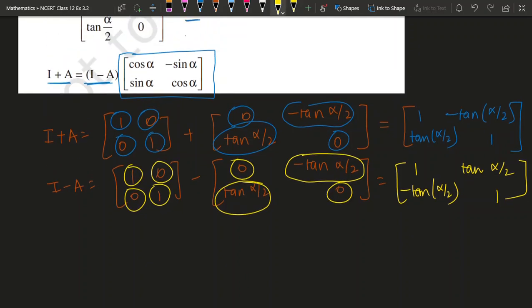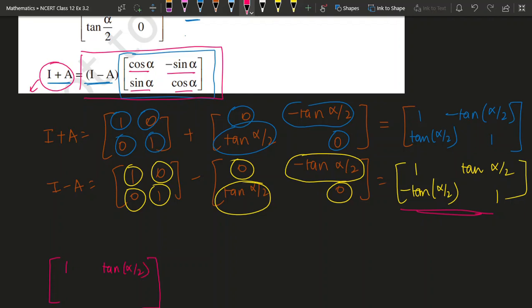Now, on the left-hand side, you have a single matrix, which you have figured out, and on the right-hand side, you have a product of two matrices. So now what you want to do is multiply this matrix by the matrix that you have, cos alpha, minus sine alpha, sine alpha, cos alpha. Let's just do that. So 1, tan alpha over 2, and then negative tan alpha over 2, 1.